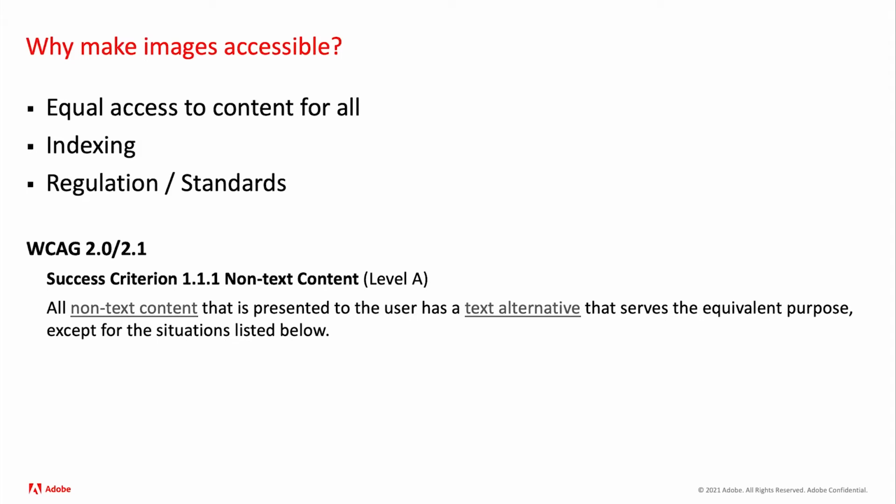I also wanted to point out that these definitely are not a panacea to all of the problems that exist. And when we think about all the images that are out on the web or that are in PDF documents, I couldn't even tell you what percentage have been made accessible, what percentage have alternative text.